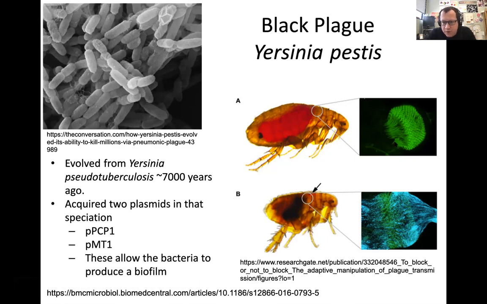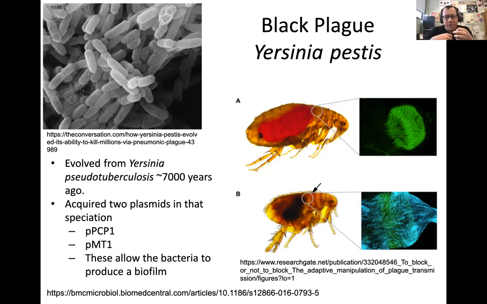And so this is the normal digestive tract. You see there's nice organization. Everything looks real nice inside this flea digestive tract. But when the bacteria starts producing the biofilm, it blocks the digestive tract. And that causes the flea to get really hungry. It prevents proper digestion. And so that makes the flea want to feed a lot, right?